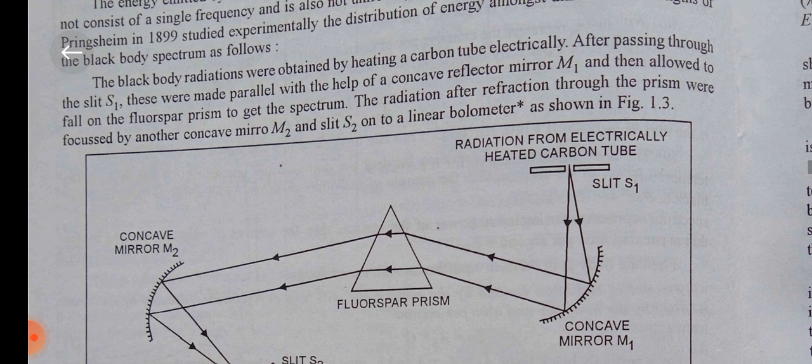The black body radiation was obtained by heating a carbon tube electrically. After passing through the slit S1, the rays were made parallel with the help of a concave reflector mirror M1 and then allowed to fall on the fluorite prism to get the spectrum. The radiation after refraction through the prism was focused by another concave mirror M2 and the slit S2 onto a linear bolometer.